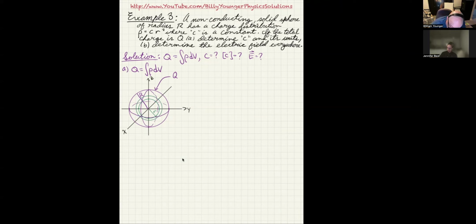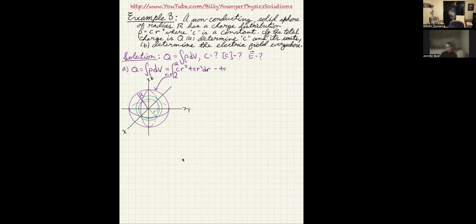So I'm going to say this is equal to the integral of that c that we talked about times r squared times 4 pi r squared dr, and I'm going to integrate from r equals 0 to big R. So I know I can pull the 4 pi and the c out in front.